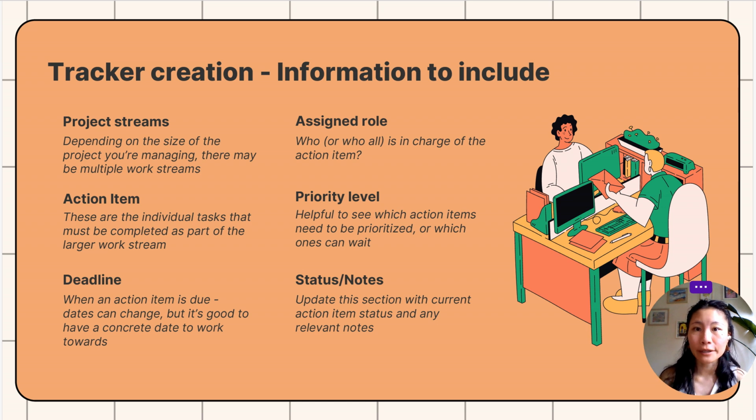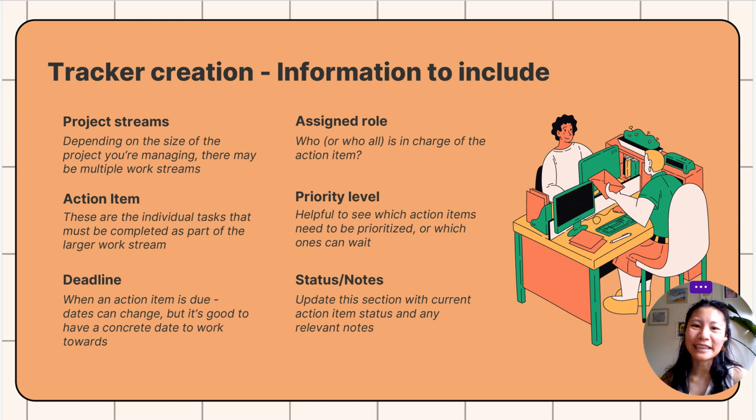Maybe it's an individual person, maybe it's two people, maybe it's a specific team, but it's always good to note who is responsible for an action item, so that you can go back to them and ask, hey, can I get an update or a status report on where this action item is. It can really help you when you're taking a look to see if a team is falling behind or struggling with deadlines or meeting some challenges, so that you can adjust accordingly.